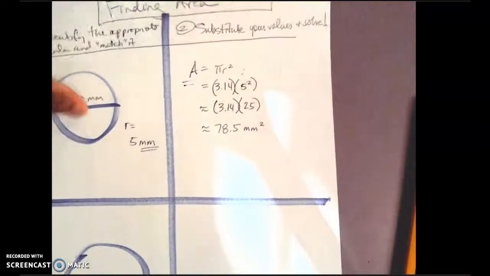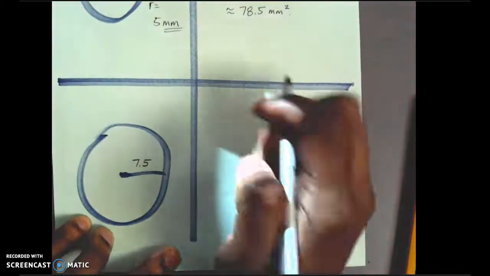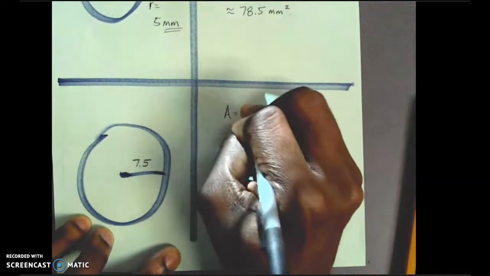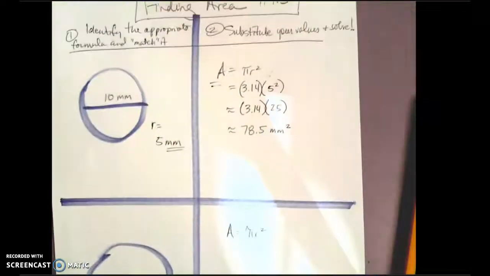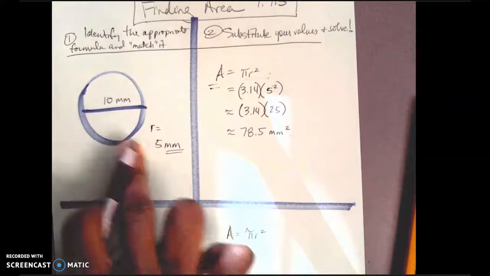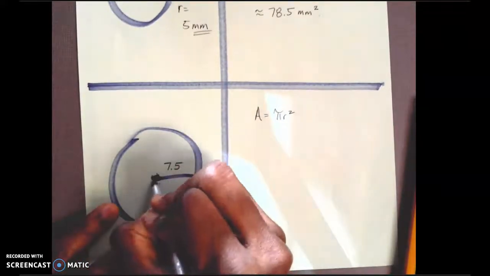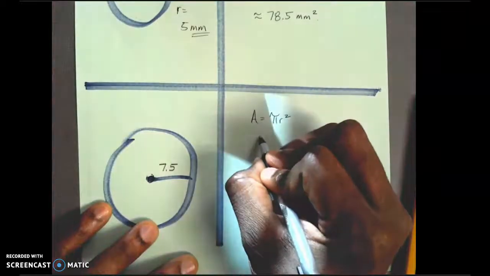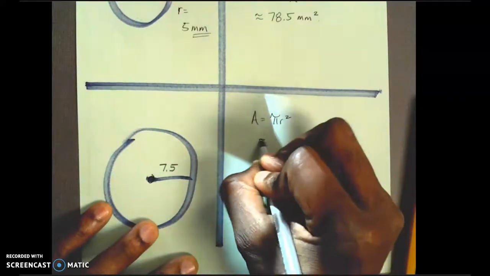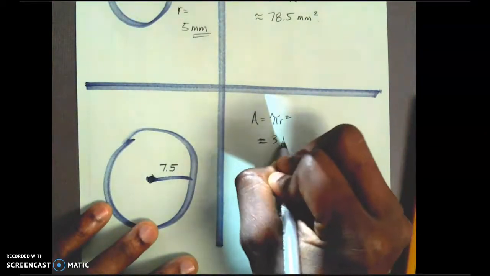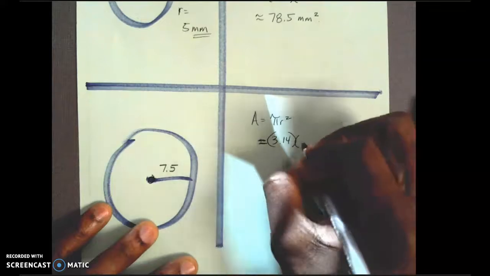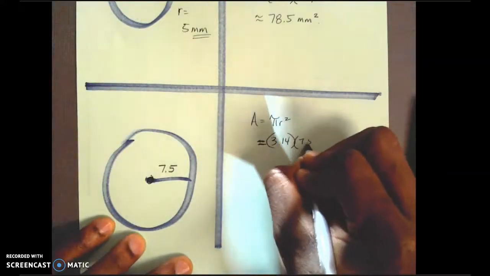Okay, next, I'm going to be dealing with a radius. I'm already given the information, as opposed to coming up with it using my diameter. I'm given the fact that my radius is 7.5. So again, I want to plug in 3.14 times my radius squared, so that's 7.5 squared.